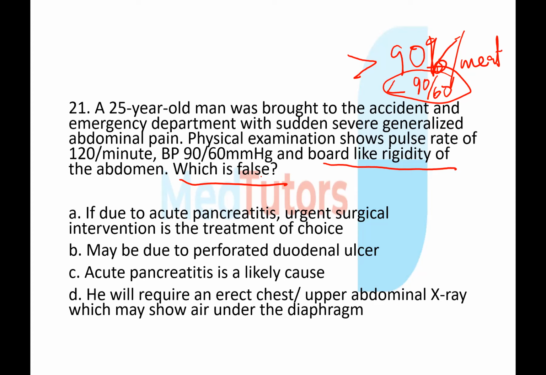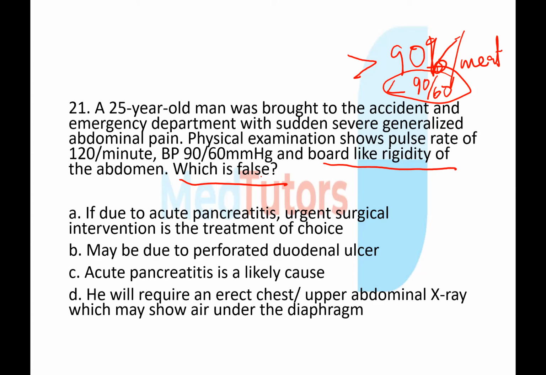B, may be due to perforated duodenal ulcer. C, acute pancreatitis is the likely cause. D, he will require an erect chest, upper abdominal X-ray, which may show air under the diaphragm.